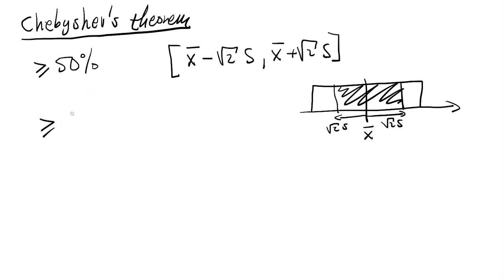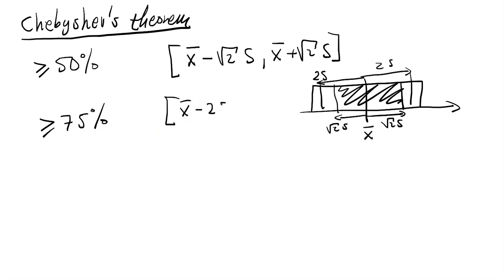And further it says that at least 75% of the data you should find if you go out even further, if you go 2 standard deviations to the left and right, then you have this larger part, which should contain at least 75% of the data.